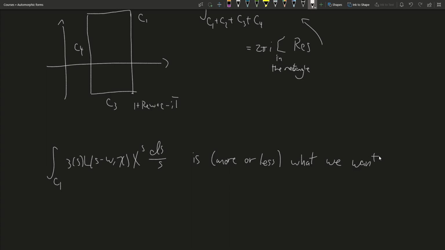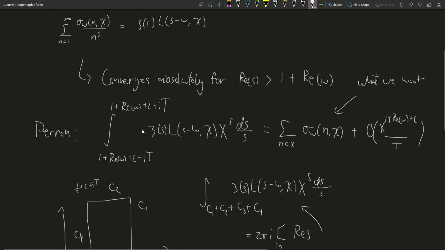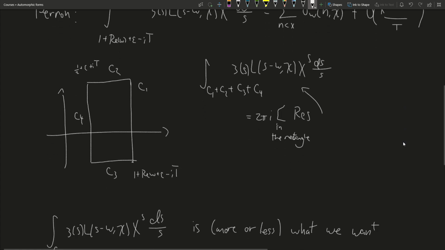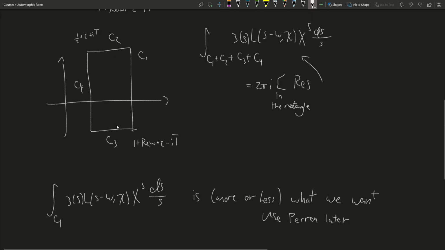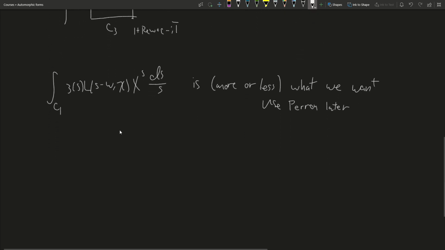When I say it's more or less what we want, I mean that by Perron's formula, this is an integral along C1, and it's more or less what we want because we have this one error term here. So let's put aside the integral along C1. We'll use Perron's formula later. And then for the integrals along C2, C3, and C4, we have to start bounding stuff.